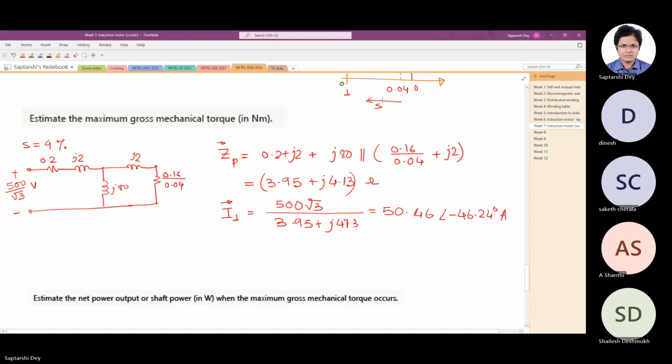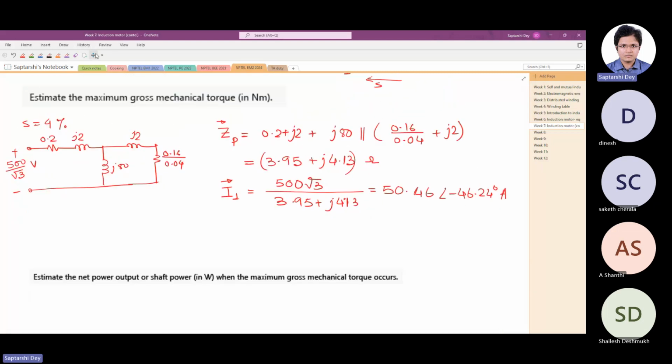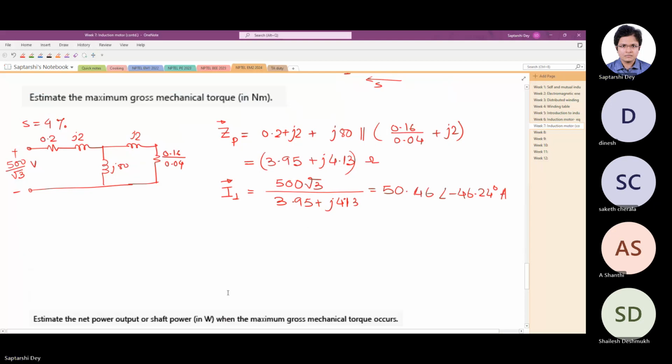The gross mechanical torque. So basically in this situation, how much is the torque? We can easily find out the air gap power. Let us see what we can do. We'll find out the input power, which is root 3 times line voltage, line current, and power factor, cos phi. See, I did root 3 VL IL cos phi, that is for the whole machine.